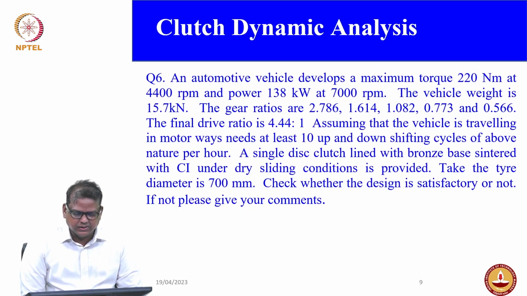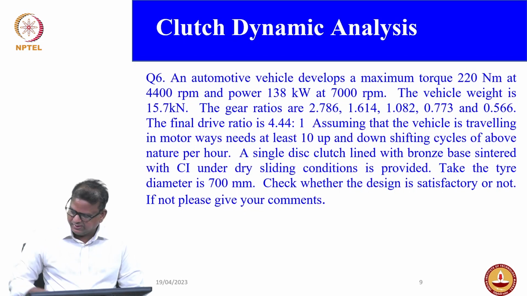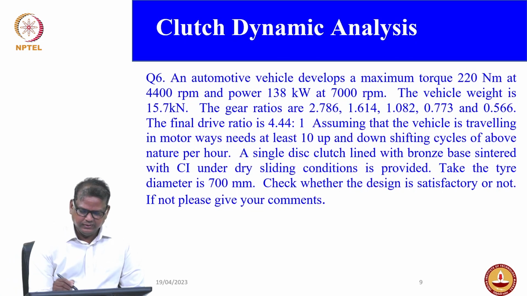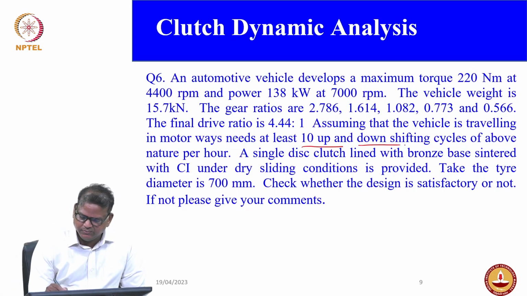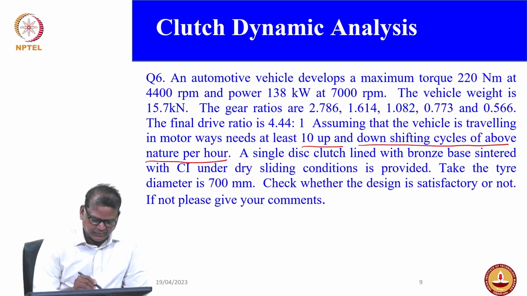The gear ratios are 2.786, 1.614, 1.082, 0.773 and 0.566. The final drive ratio is 0.44. Assuming that the vehicle is traveling on a motorway, it needs at least 10 up and down shifting cycles of the above nature per hour.